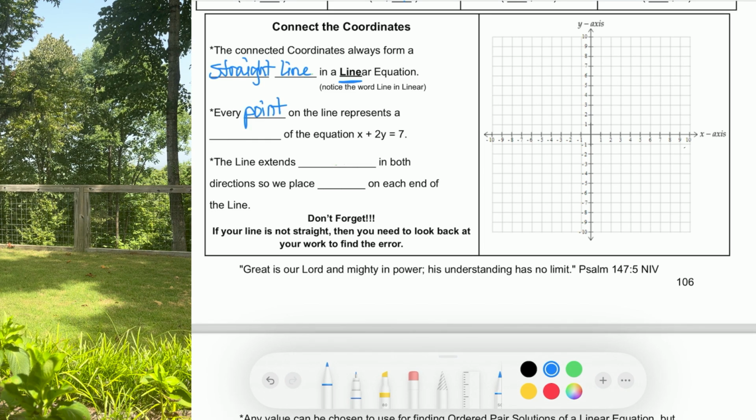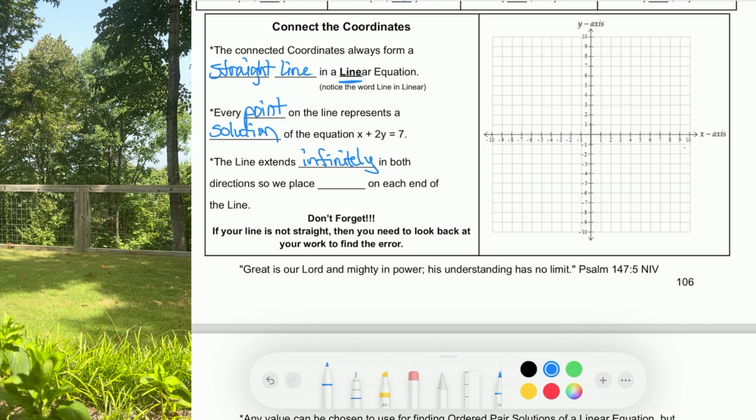Every point on the line represents a solution of the equation x plus 2y equals 7. The line extends infinitely in both directions. So we place arrows on each end of the line. So your line will look like this.